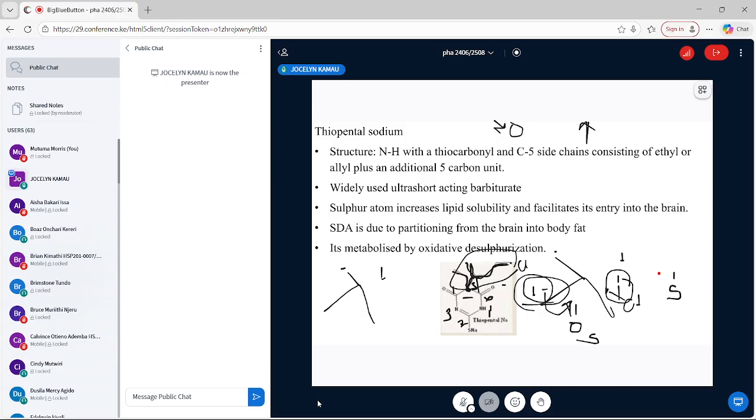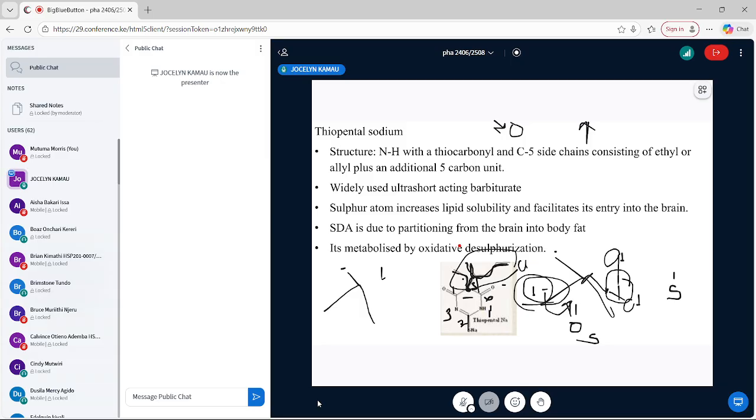And then for thiopentosodium, in order again to potentiate its lipid solubility, the oxygen of position number 2 has been replaced with sulfur. I've already explained that sulfur further increases the lipid solubility. So those two structural features of thiopentosodium give it very high lipid solubility.